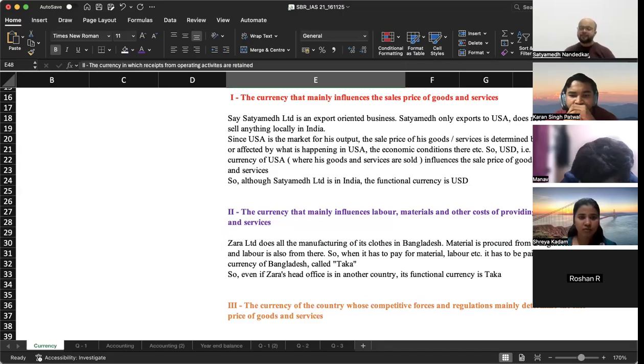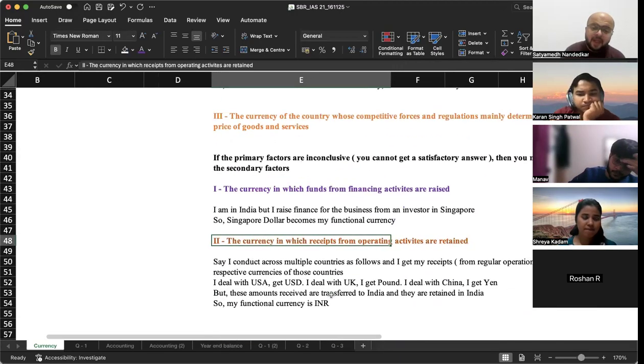Okay. Now, these are the primary factors.